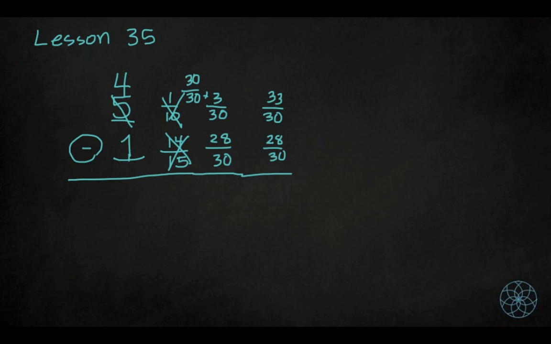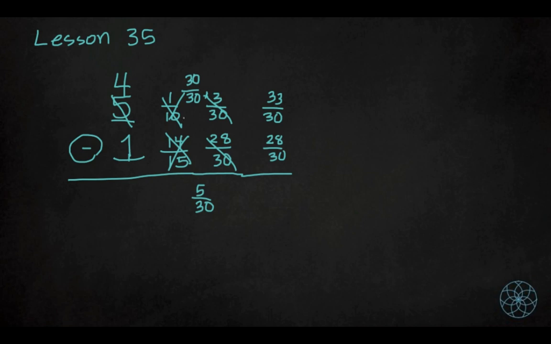There we go. So we not only have common denominators now, but now we have enough in our first fraction to actually solve this problem. 33/30 minus 28/30 equals 5/30.